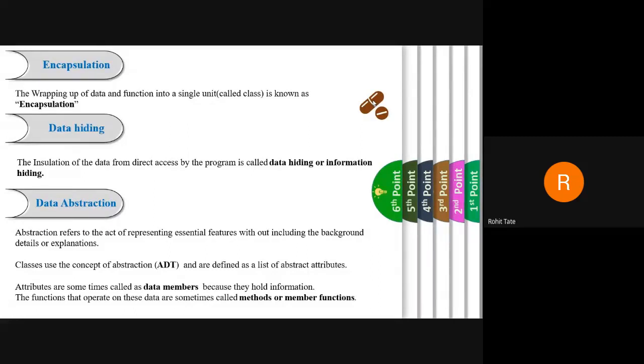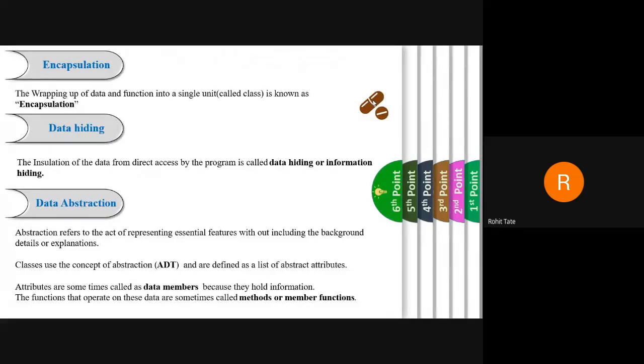We can only see the pictures on the screen, but the actual wiring, actual connections are at the backside, and we are not interested in that wiring and those connections. We are interested only in seeing some movie or some serial or advertisement. Means only essential features are visible to the end user, and all the explanation or details are available in the background. The same concept we have to follow while learning object-oriented programming language.